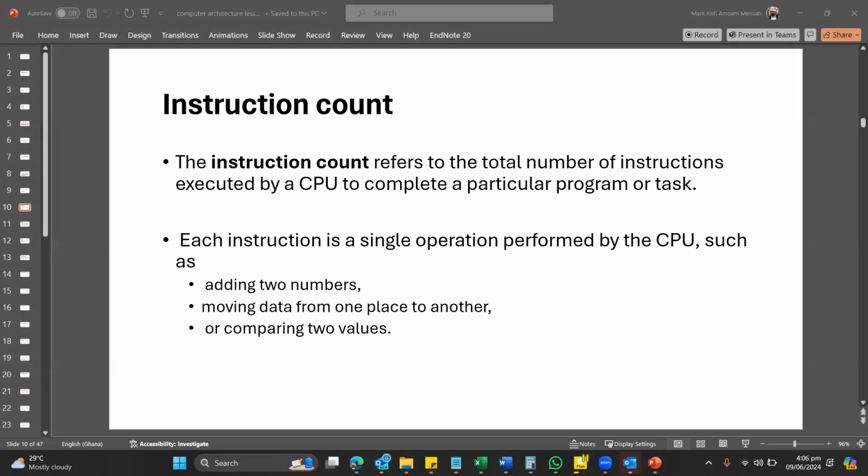The instruction count refers to the number of instructions executed by a CPU to complete a particular program or task. That is, if I provide the computer with a set of instructions and load it up, the work it has to do to complete all of these instructions is what I'm calling the instruction count.